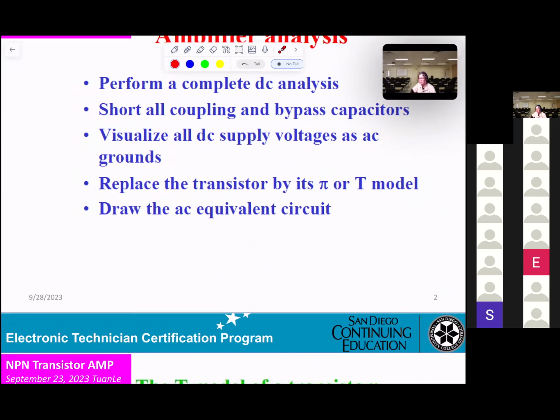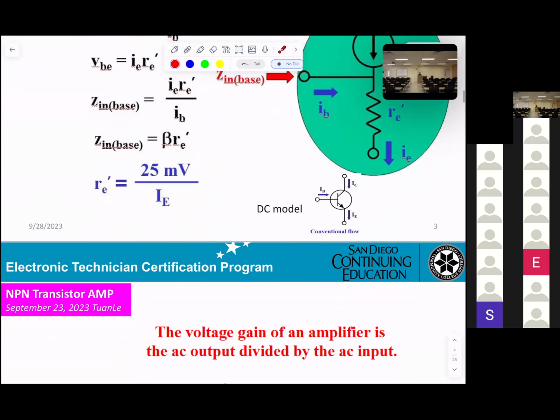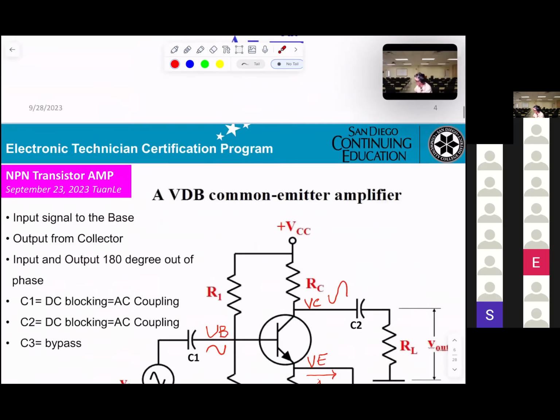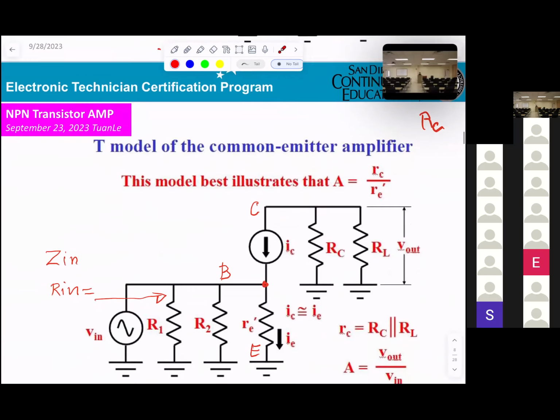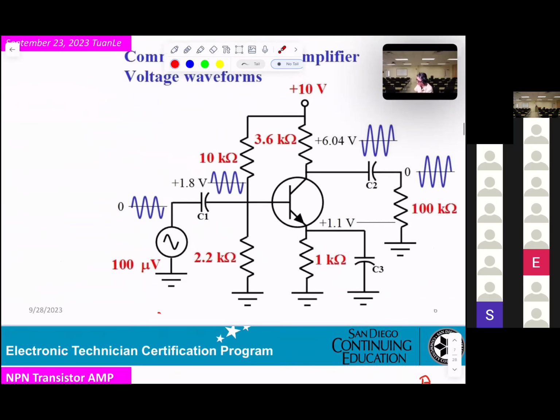That means any DC voltage will be AC ground. Okay, so that's why.